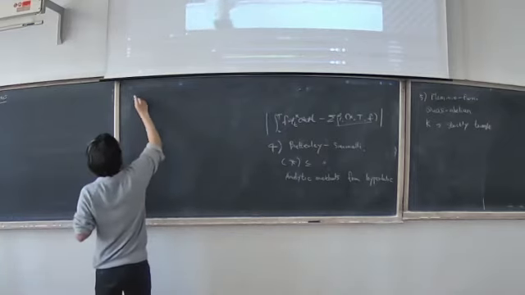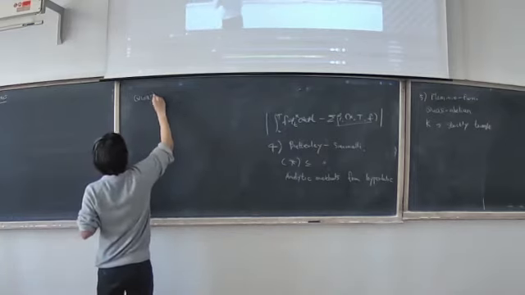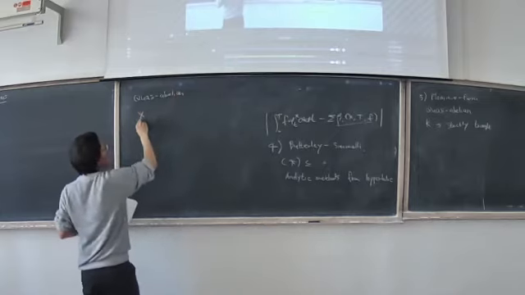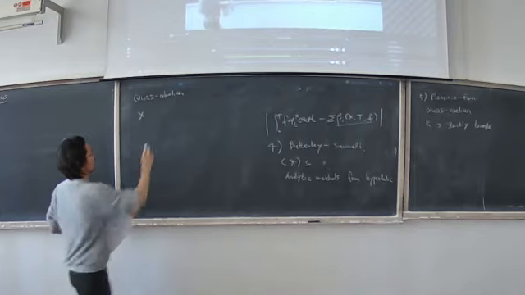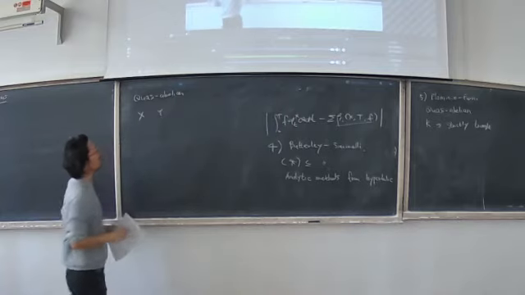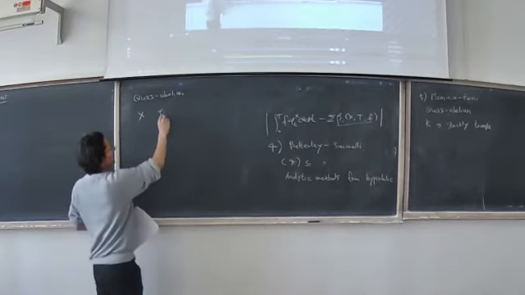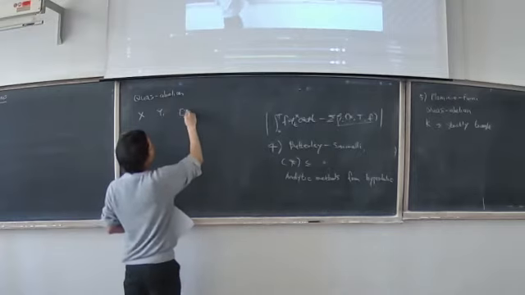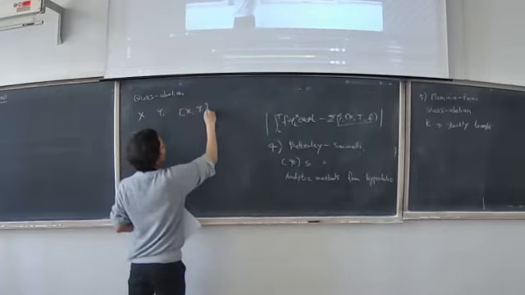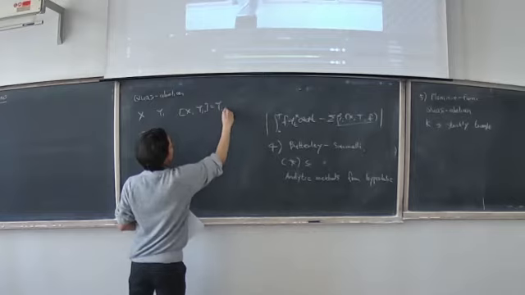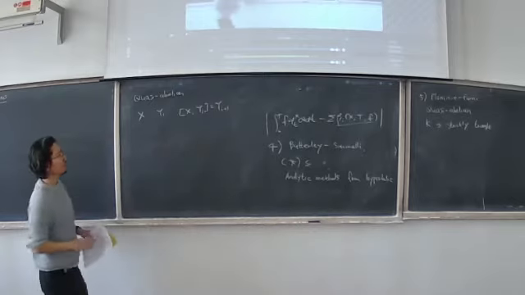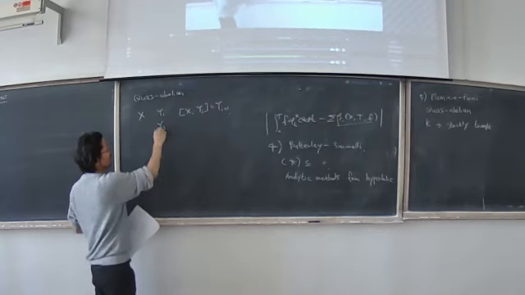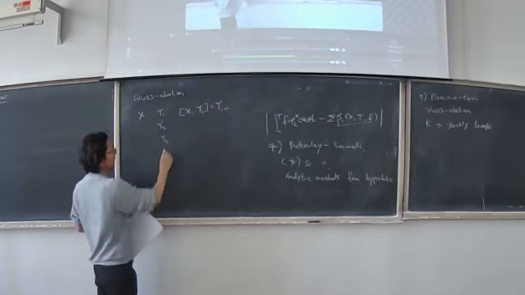So quasi-abelian: we have one element x and another element y1, and then the bracket of x with y1 will give y2, and x with y2 will give y3.